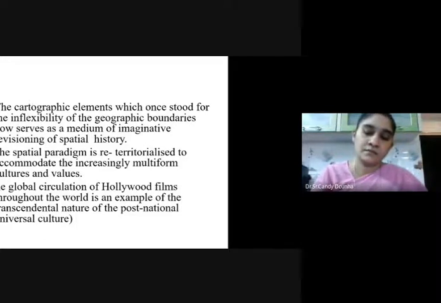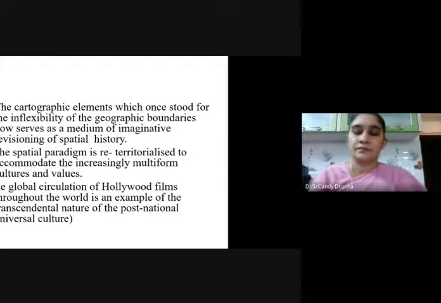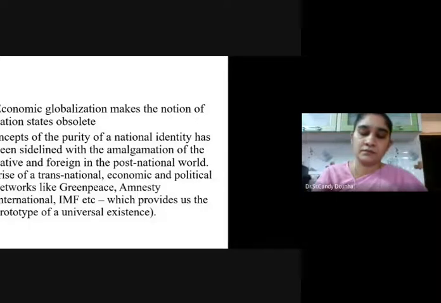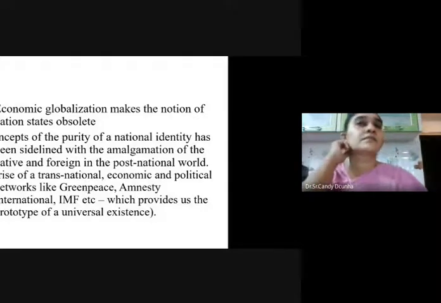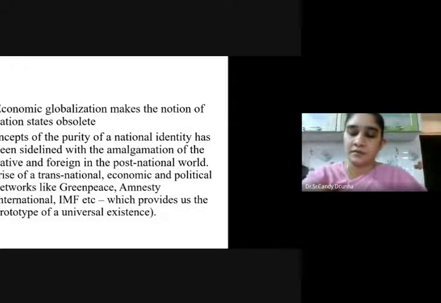This spatial paradigm has been altered with the coming of this ideology of post-nationalism. The success of our film industry, Hollywood or Bollywood, whatever it is, and the market that it has, can be cited as an example. So, economic globalization.